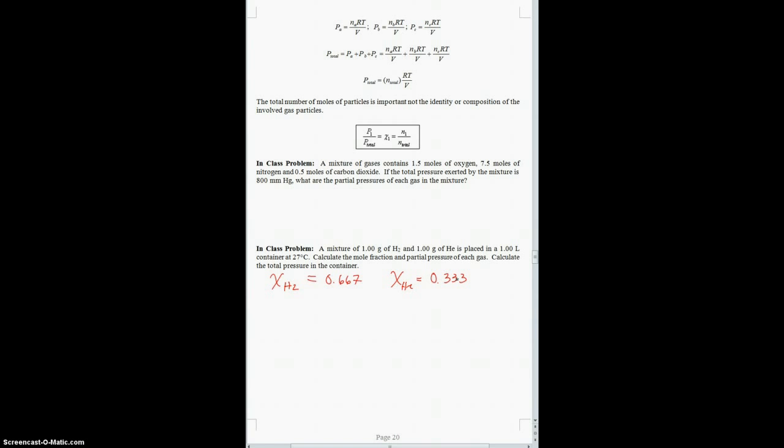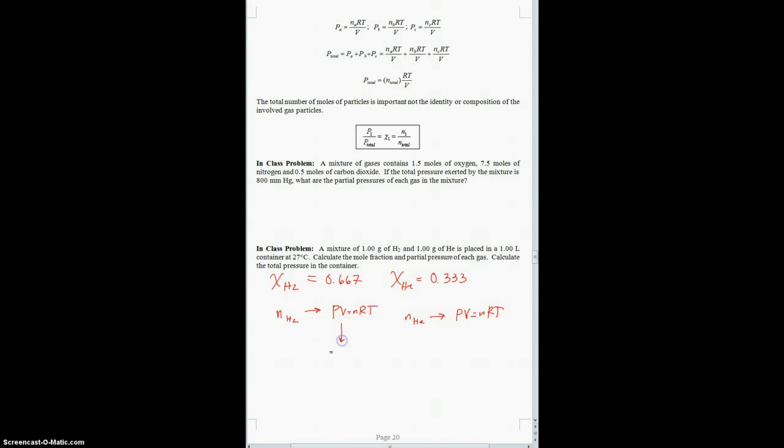The next part does not involve the mole fractions, but what you'll do is use the moles that you found for each gas individually, so the moles for H2 and the moles for helium, and then plug each of those into the PV equals nRT equation to find pressure for each of them.